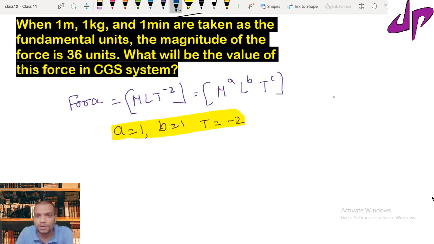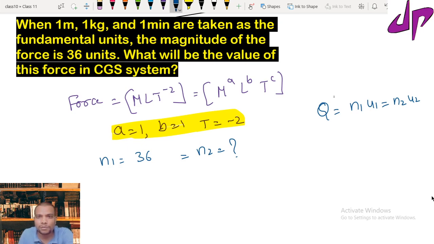And we know the formula: the physical quantity Q equal to N1 U1, which equals N2 U2. So the force N1 value is given: N1 equal to 36 units, and we need to find N2.